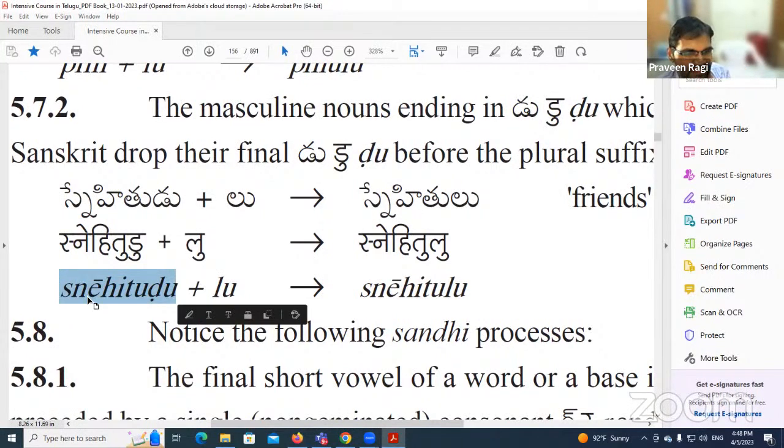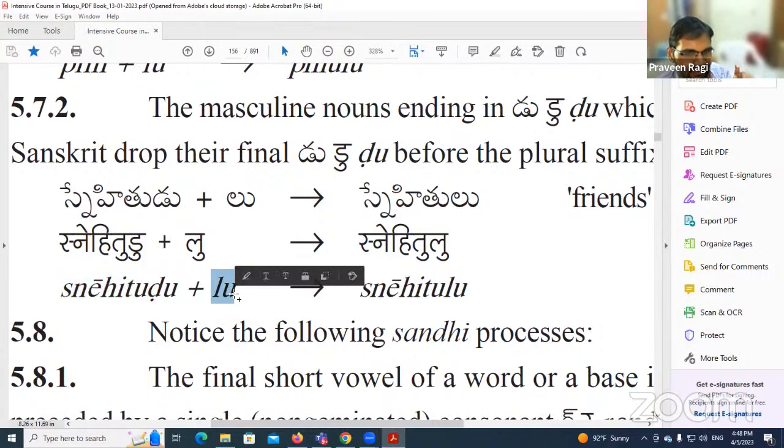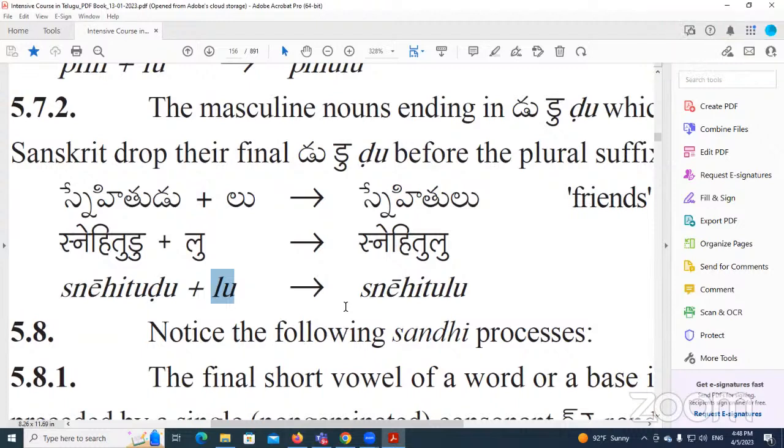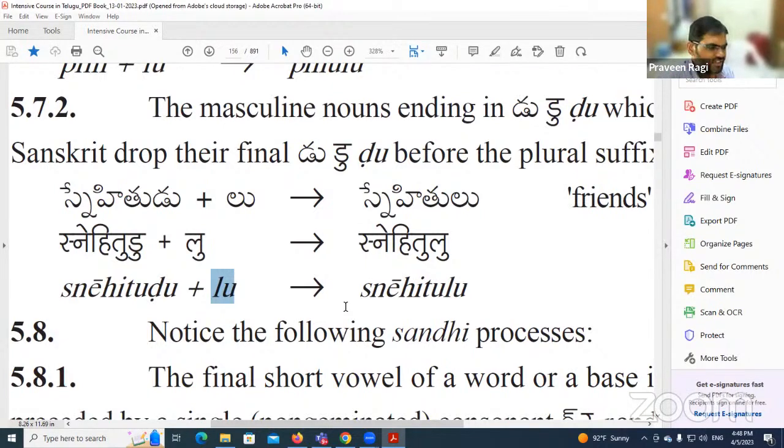Snehituralu plus lu suffix, now you need to make the combination, when we are talking about female plural friends. I thought I saw the Nulu form elsewhere, but if we want to keep it as Ralu, then Snehituralu. Yes, perfect. Double L sound. Validdaru Snehituralu.